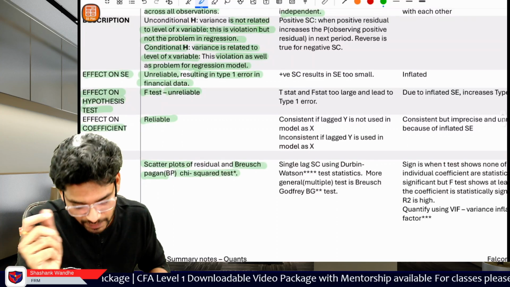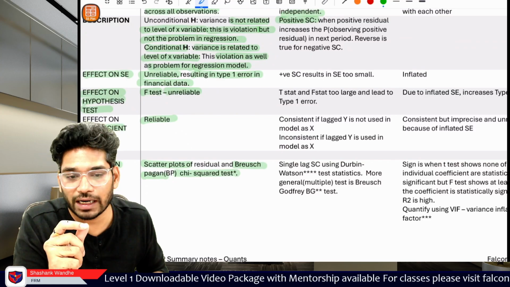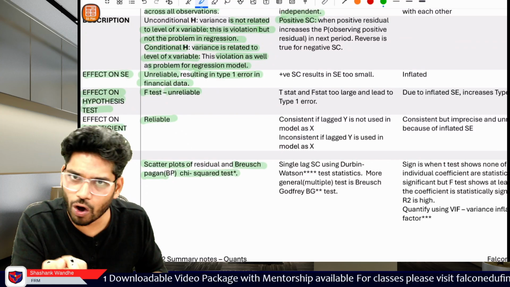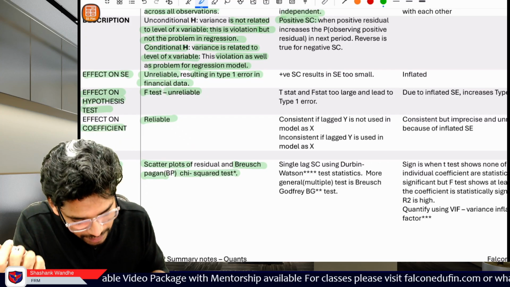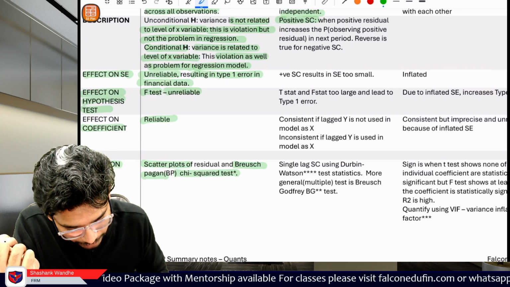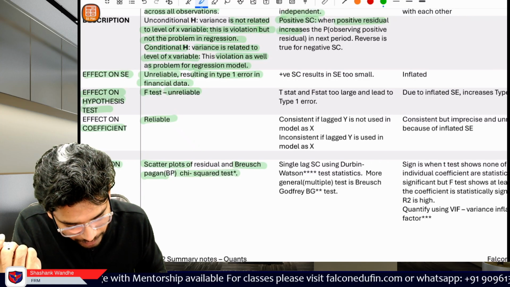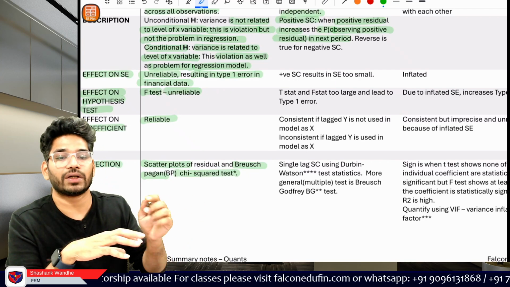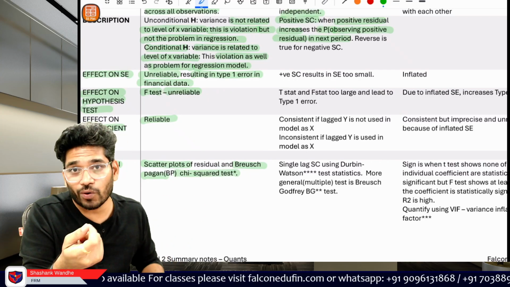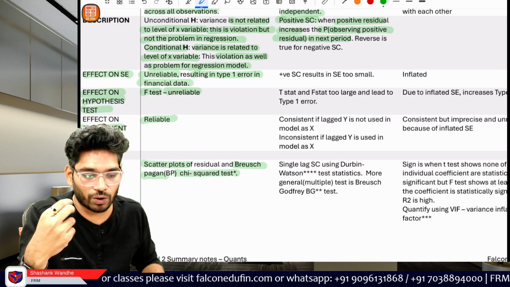Now see what happens. If it is positive serial correlation, serial correlation or autocorrelation is one and the same thing here. Positive serial correlation is when a positive residual increases the probability of observing a positive residual in the next period. Because it's a correlation, it can be negative or positive, going from -1 to +1.